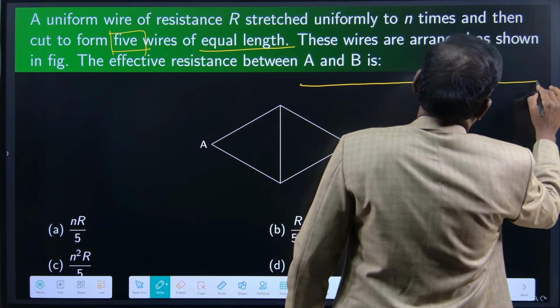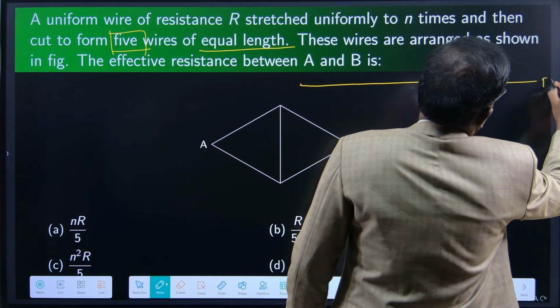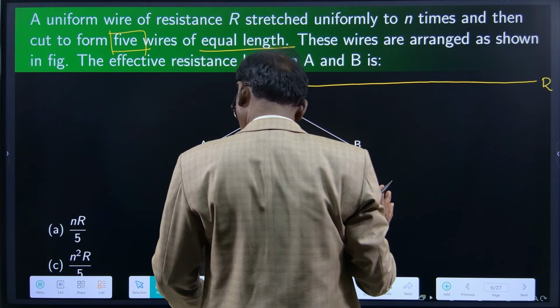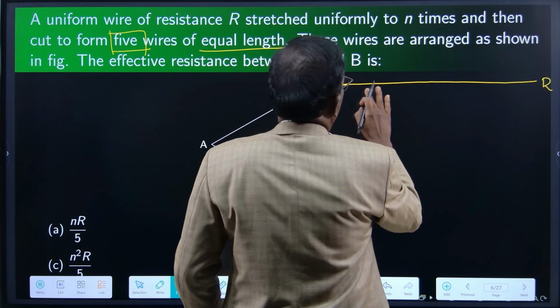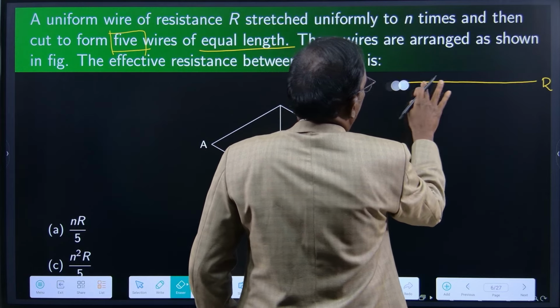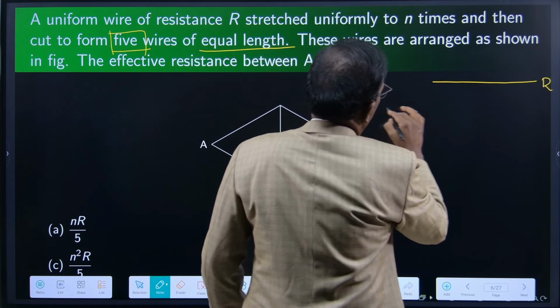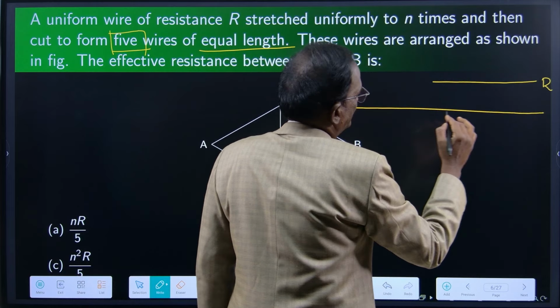Okay, this is uniform wire. Say its resistance is R ohms. Then let me have a shorter length, right? Then it is stretched this way, n times it is stretched.